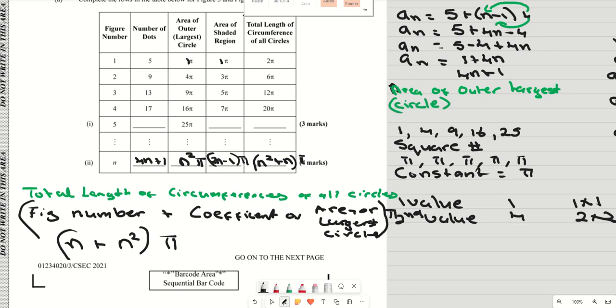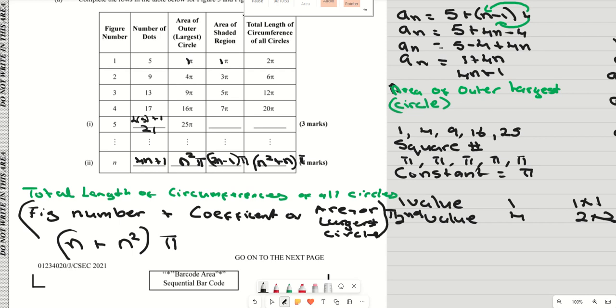All right, so now that we have all the formulas, let's do when n is equal to 5. Right, when n is equal to 5, that's 4 by 5 plus 1, so that's 21.